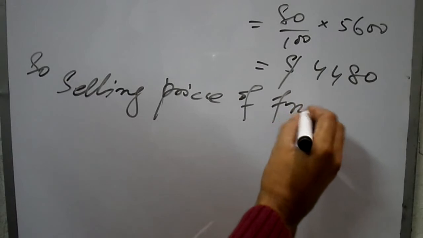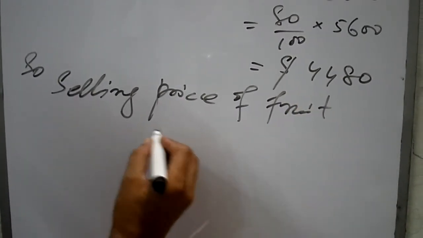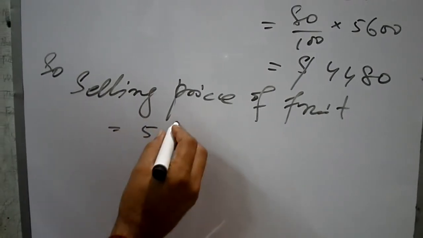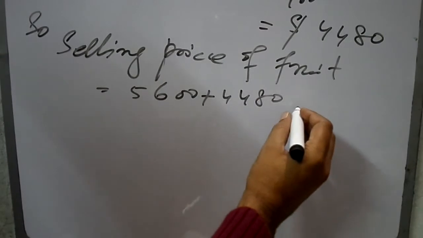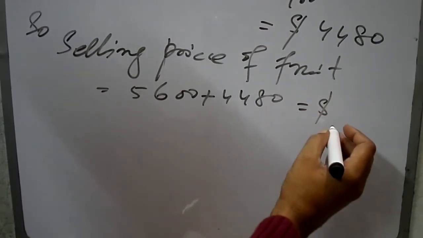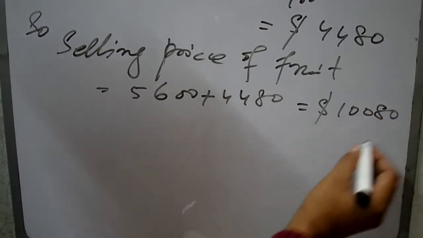So selling price of fruit is equal to 5,600 plus 4,480, so you will get exact dollar, that is 10080 with the help of calculator.